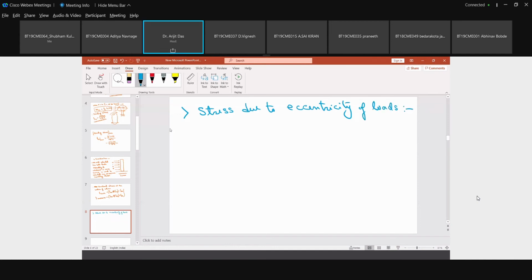These may be also tensile in nature or compressive in nature. Actually what happens, with every vertical or even horizontal, here we are discussing the vertical because this load is applicable for the vertical column.